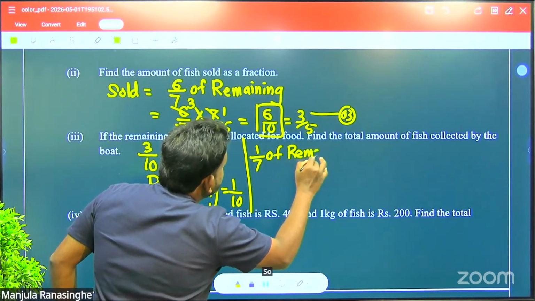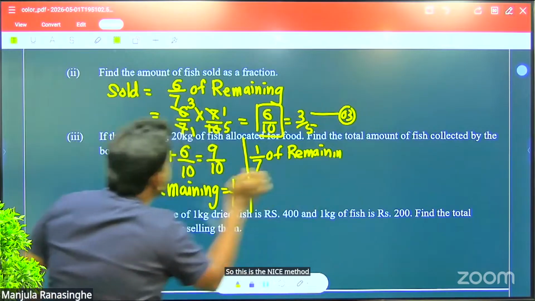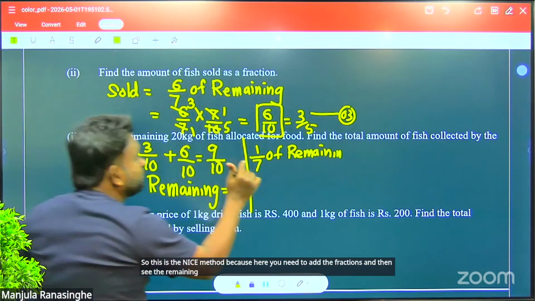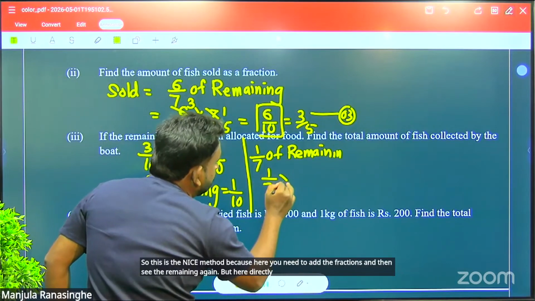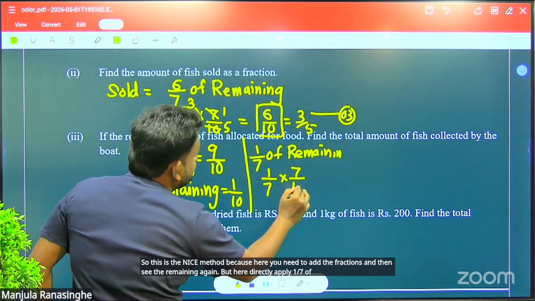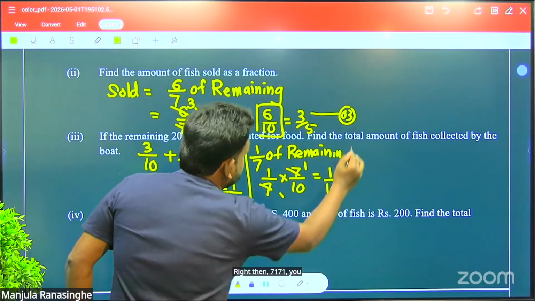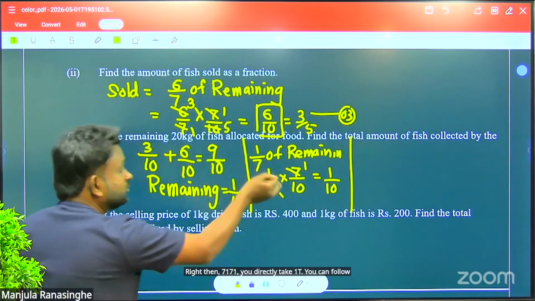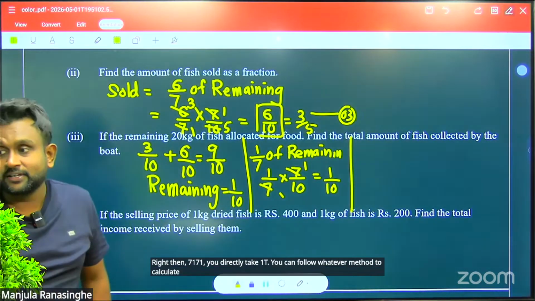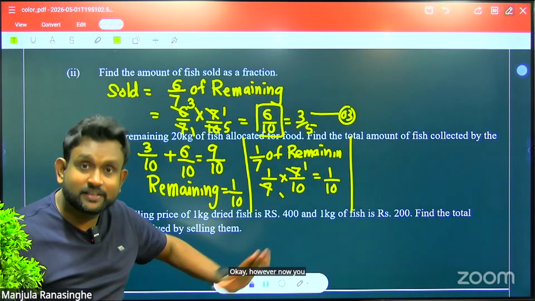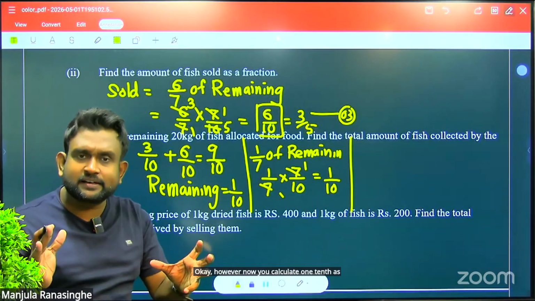This is the nice method, because in the other you need to add the fractions and then find the remaining again. But here directly apply 1/7 of remaining, which was 7/10, right? Then 7 and 7 cancel, you directly get 1/10. You can follow whatever method to calculate the remainder at last. Okay, however, now you calculate 1/10 as the fraction remained at last.